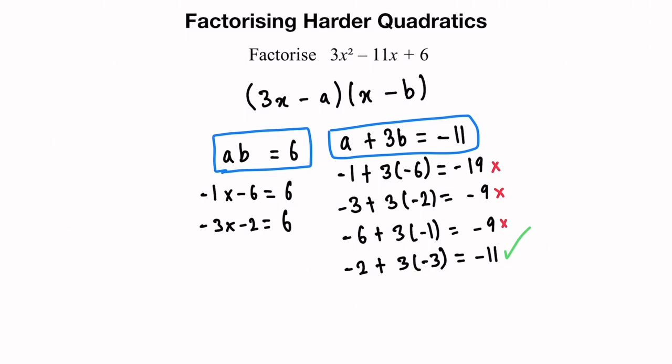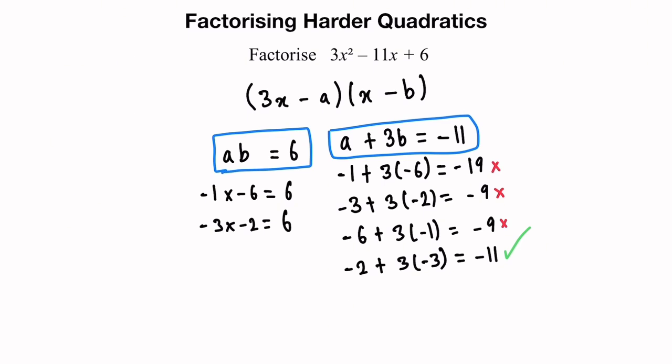So because I can have a equals -1 or -3, I can also have a equal -6 and -2 if b equals the other two numbers. So that's why I need to sub in the different values to see which one is a and which one is b, which is very important here, because when you multiply b by 3x, you're going to get a different value compared to if you multiply a by 3x. So it's very important which one goes where to get that middle -11.